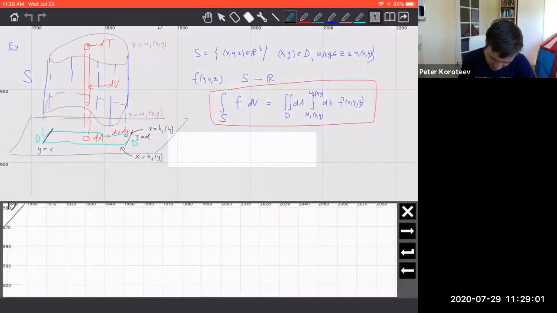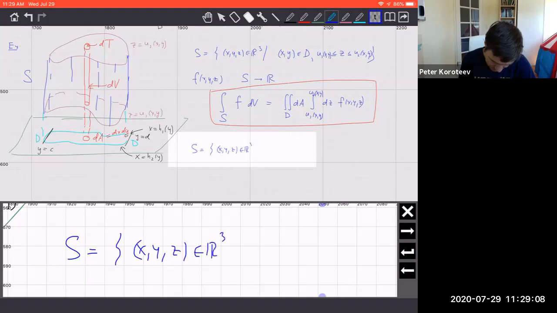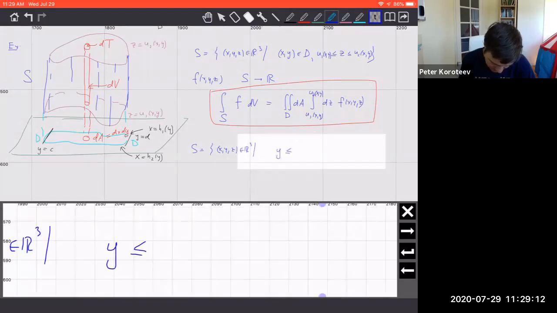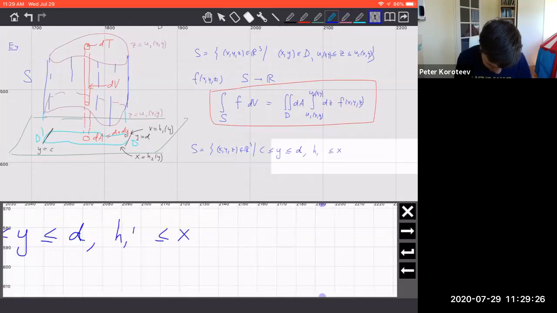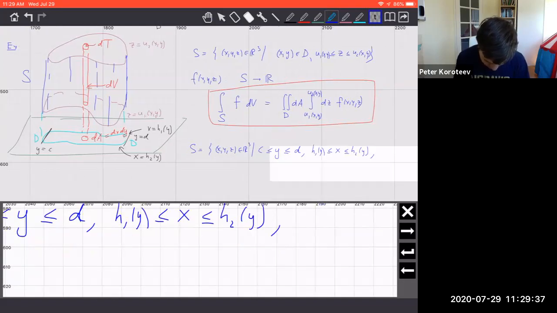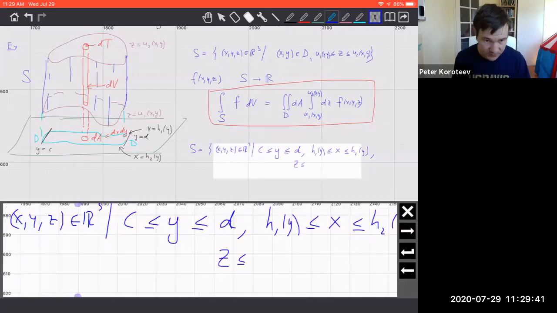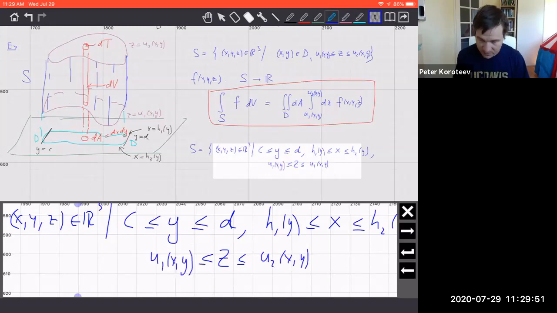So if S is built in such a way that it's the set of all x, y, and z in R3 such that y varies between c and d, x varies between h1 of y and h2 of y, and finally z goes between u1 and u2 of x, y, well, then you can explicitly do the double integral as well.